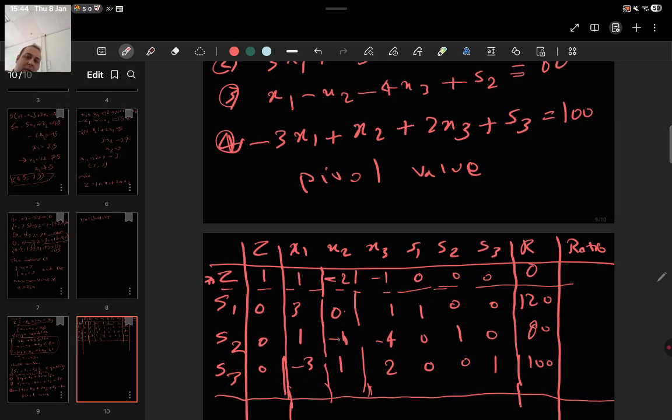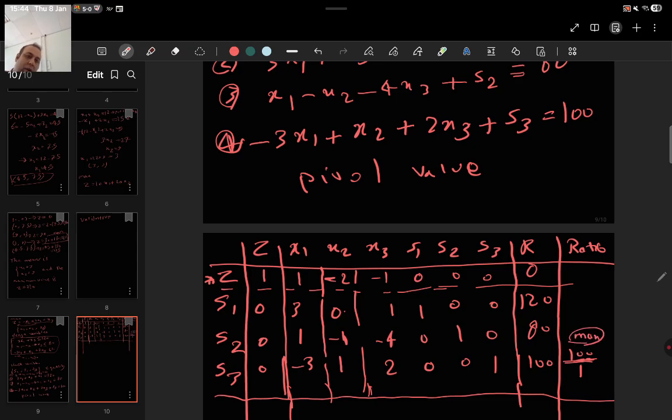The first condition is that the value must be strictly positive. Which one is positive? Only this one. So I can calculate the ratio, which is 100 over 1. Because I have only one positive, this is the minimum ratio.